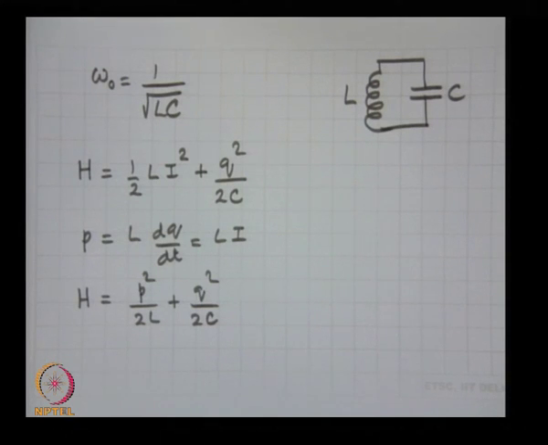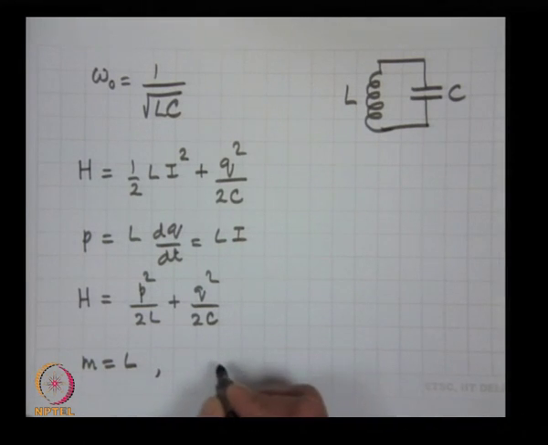Similarly, I define a quantity p, which is L dq by dt, and I will show you that p and q are conjugate variables, which means that if this is the Hamiltonian of the system, and if I write the Hamilton's equations of motion for this system, they will satisfy the classical equations. Now to make it more apparent, let me define a quantity m which is equal to L. This will correspond to the mass of the corresponding harmonic oscillator.